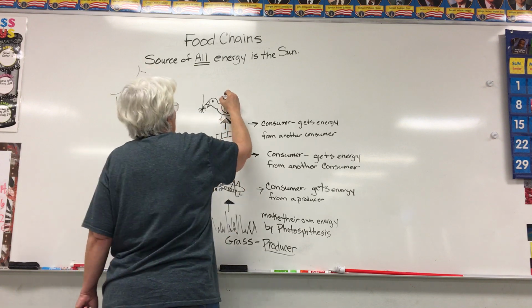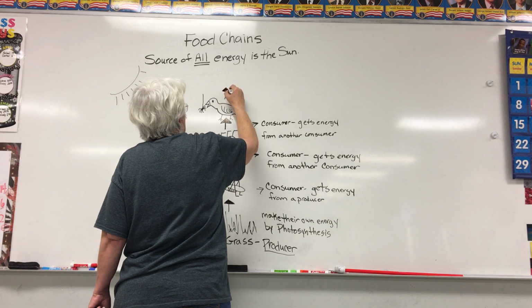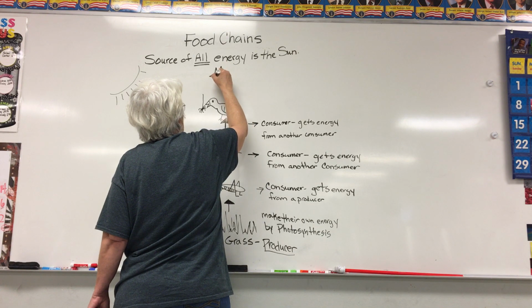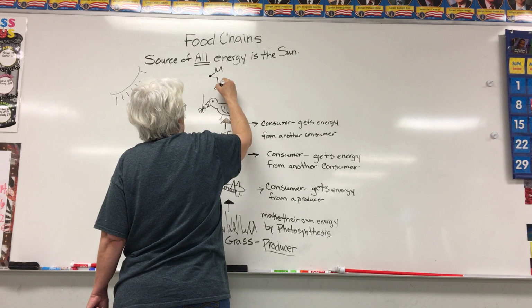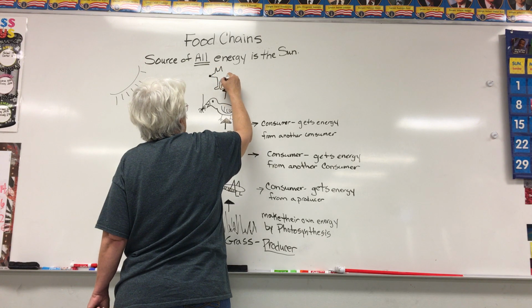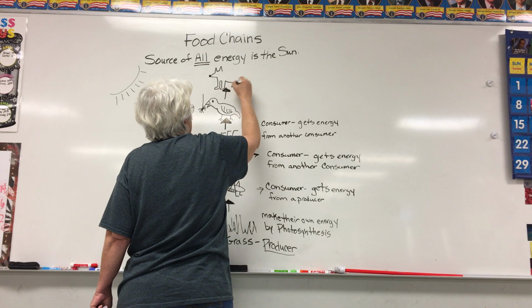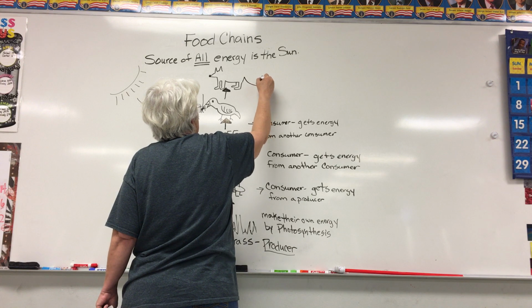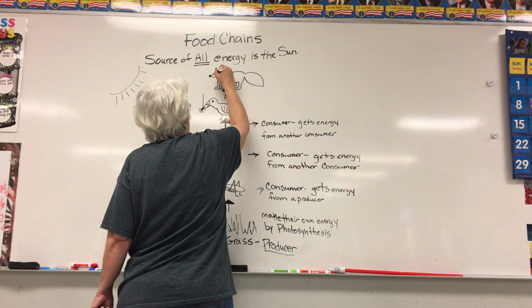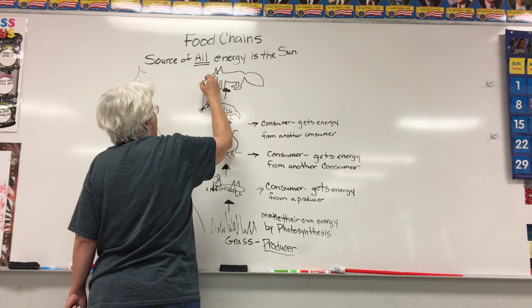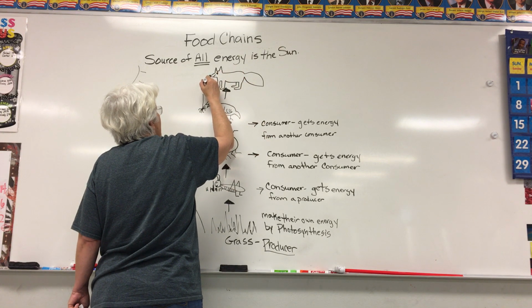And then little Mr. Fox comes along. Not very good at foxes. He put a little foot there, get him a big bushy tail. There we go, he's happy, because he's eating what? He's eating the bird.